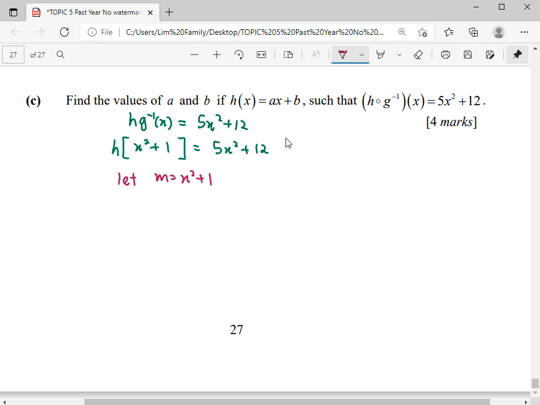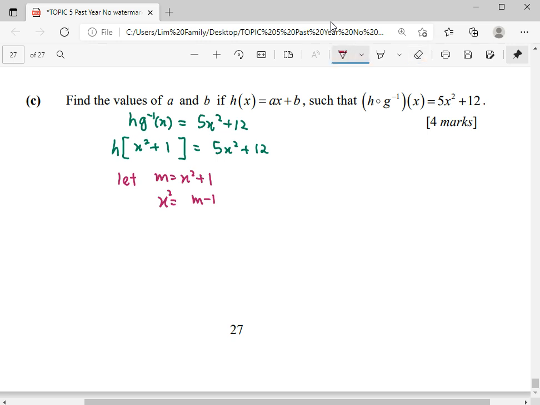When I want to find out what is x, it will be the square root of m minus 1. Oh, I don't need x, I just need x squared only. Enough. I can substitute already.